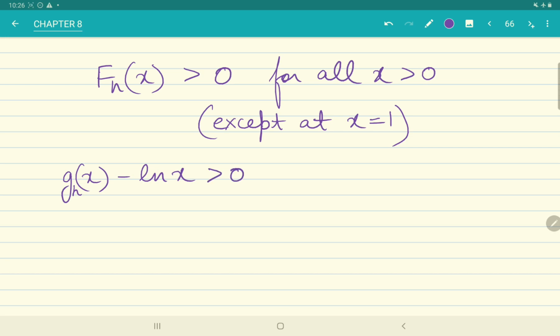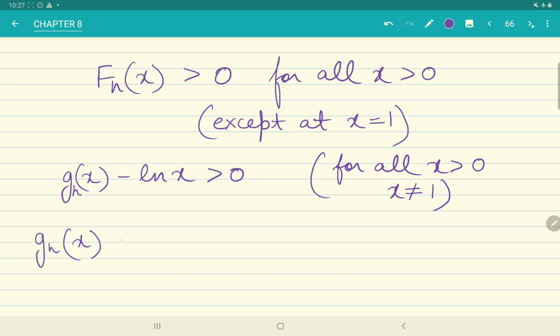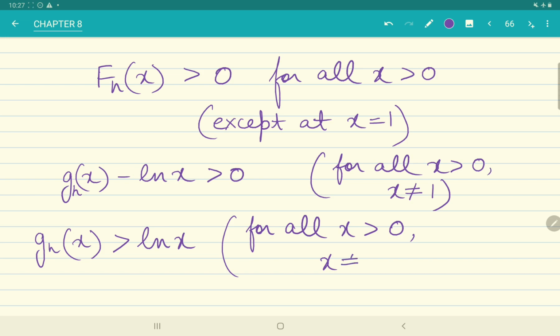This is greater than 0 for all x greater than 0, x not equal to 1. And that just means I can write gh of x is greater than ln x for all x greater than 0, x not equal to 1.